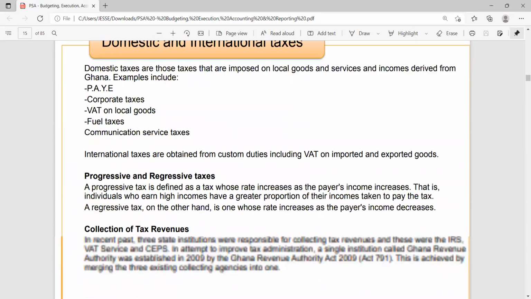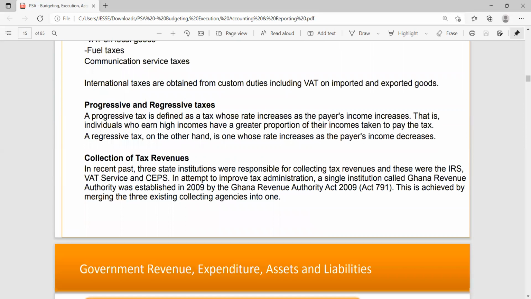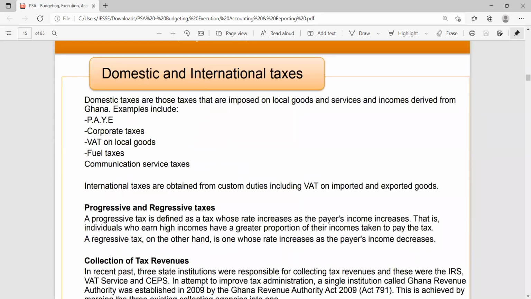Okay, now let's talk about domestic and international taxes. Domestic taxes are those taxes that are imposed on local goods and services and incomes derived from Ghana. So they are domestic in nature. The scope is domestic. Examples include pay as you earn, corporate taxes, VAT, fuel taxes, communication service taxes.